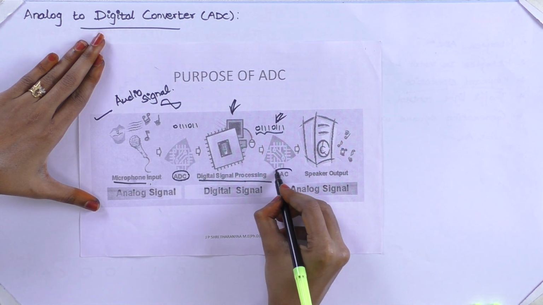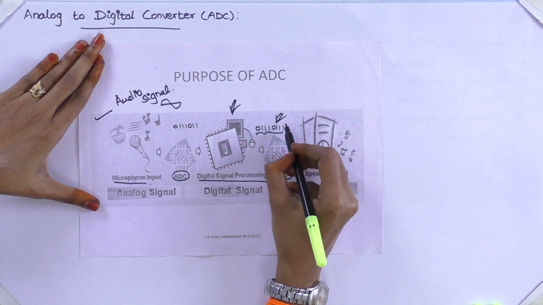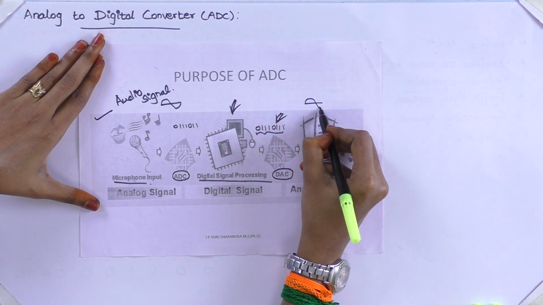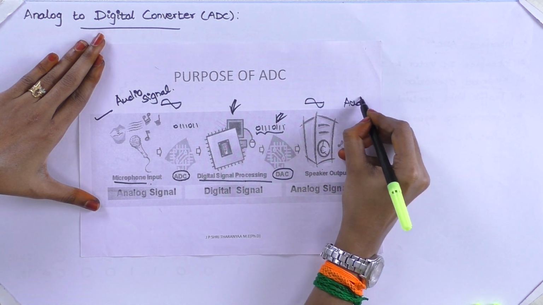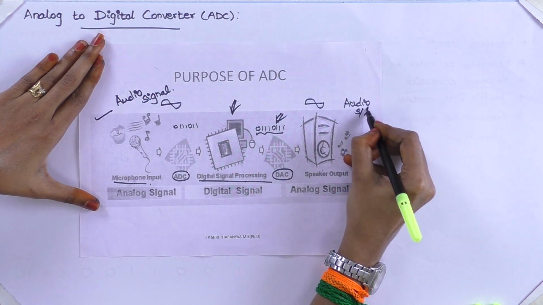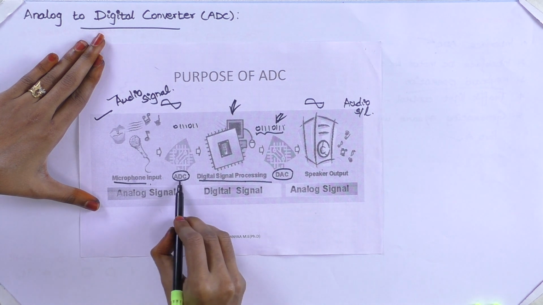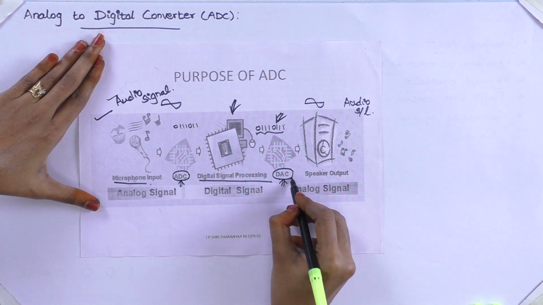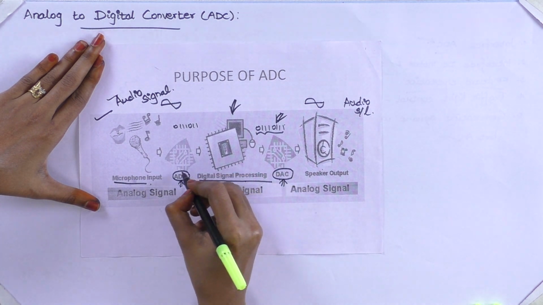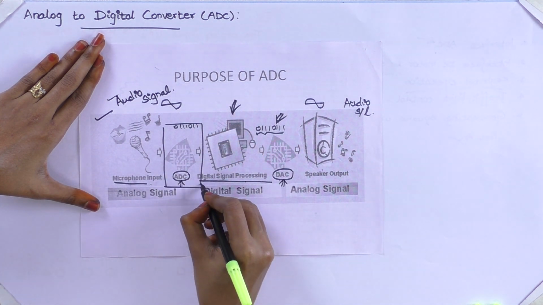So we are supposed to use again a digital to analog converter, so that it will convert this digital data into analog data that we give to the speaker, so that we can get an audio signal, as it has been recorded in the microphone. So as an input device you are supposed to use an analog to digital converter. For the output device you are supposed to use a digital to analog converter. In this video lecture we are going to see about this part, the analog to digital converter.